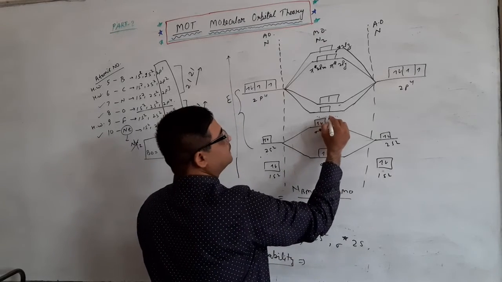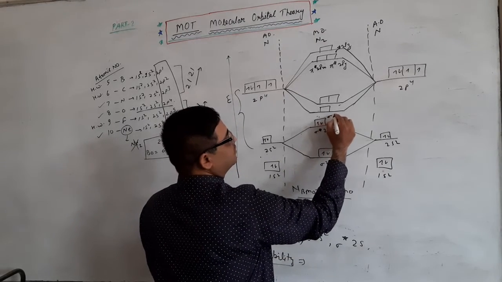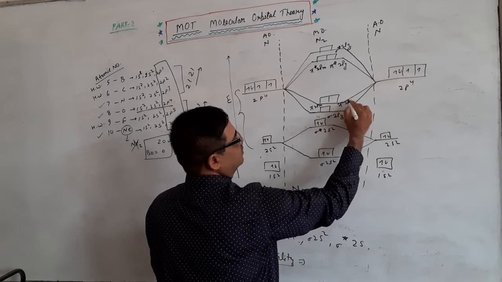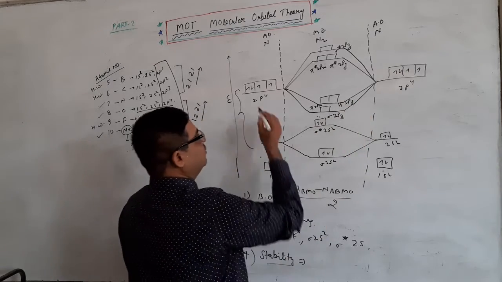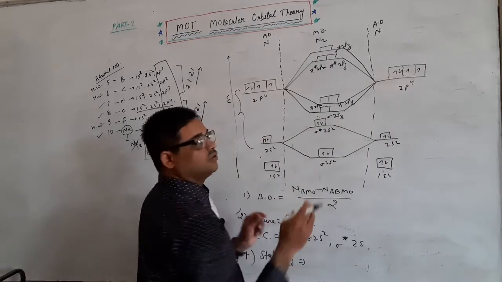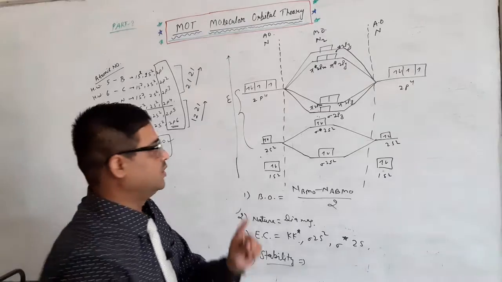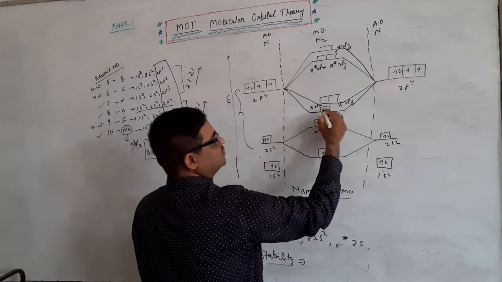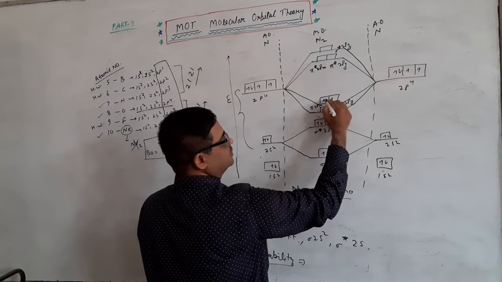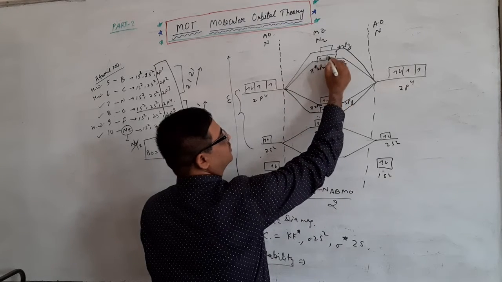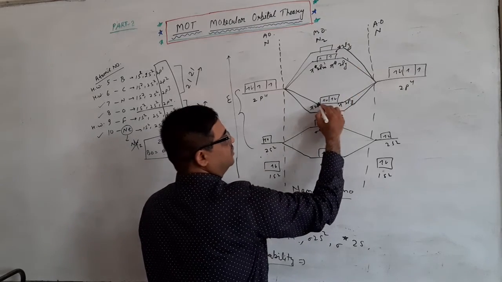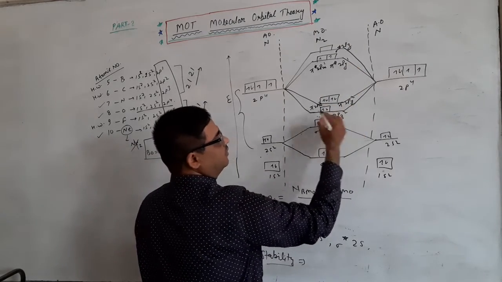So this is sigma 2pz, this is pi 2px, pi 2py. Now 4 electrons are there, so the total number of electrons is 8. So I will fill 6 here and 2 here. So you can see 2 electrons are in anti-bonding and 6 electrons are in bonding.